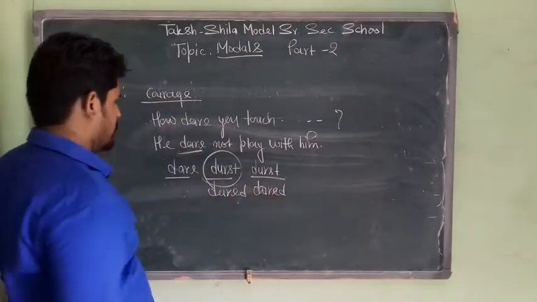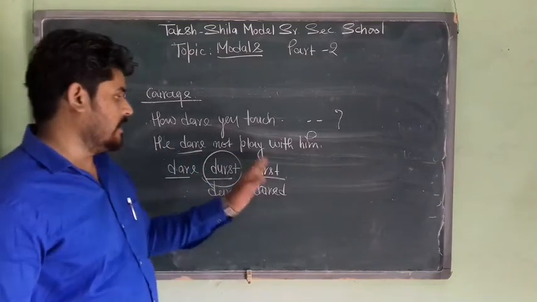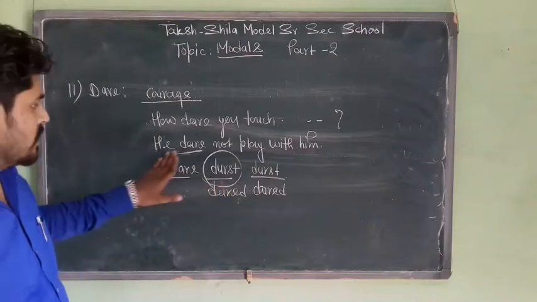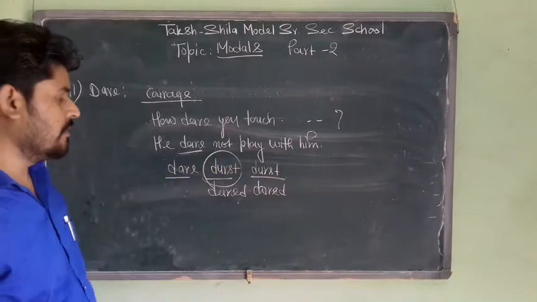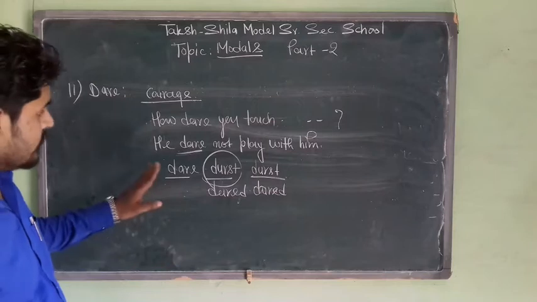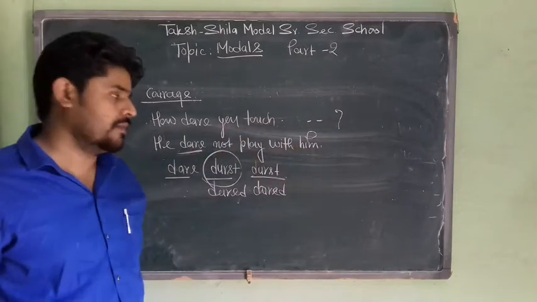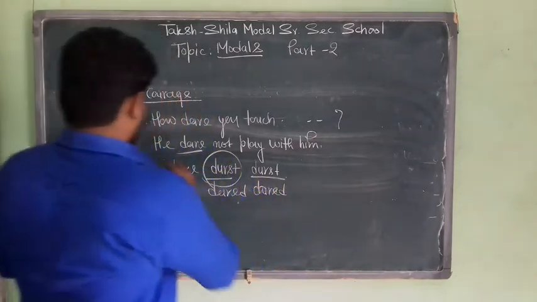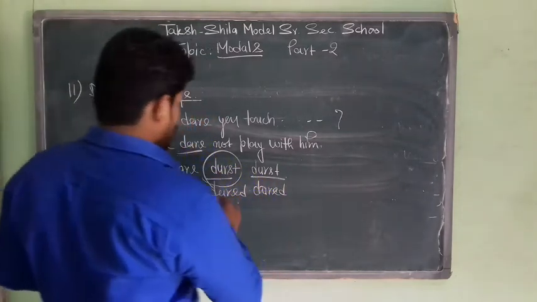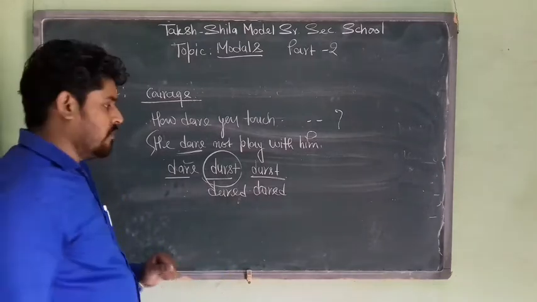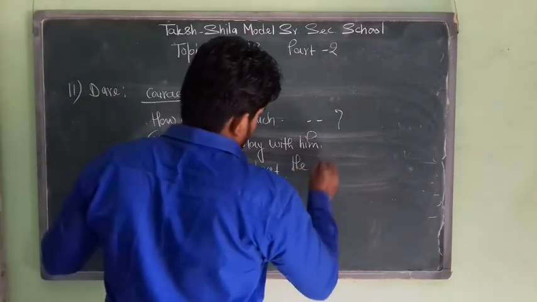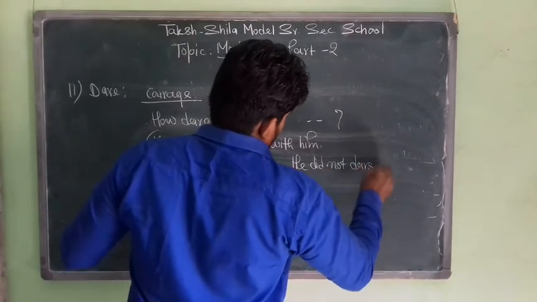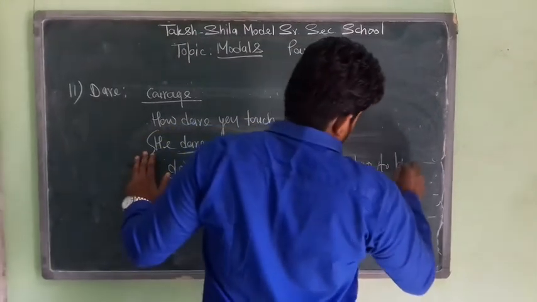Dared. So we can say he did not dare to play with him. If we want to use it in past tense, we will say what? He did not dare to play with him. We will not say he dared not play with him, that is absolutely wrong. If we want to convert this into negative, especially using dare as a main verb, we will say he did not dare to play with him.